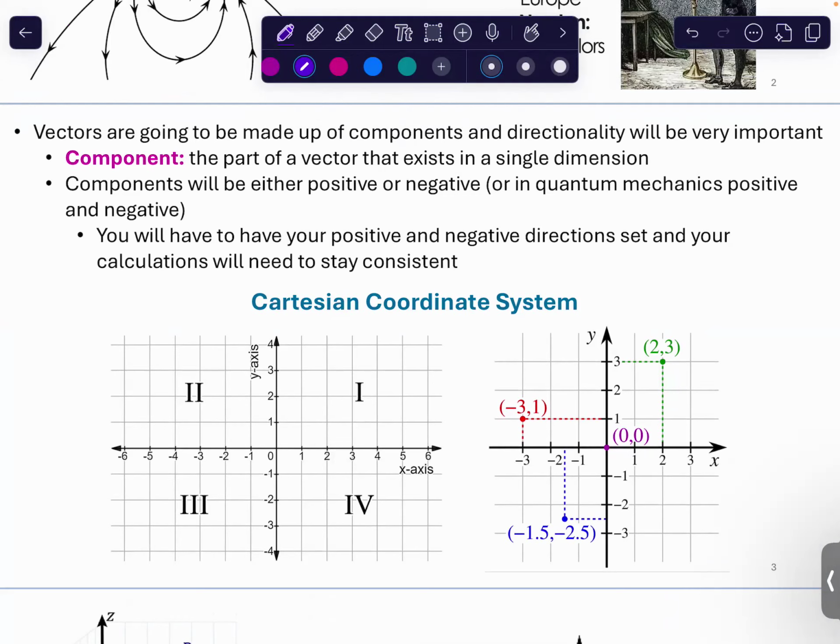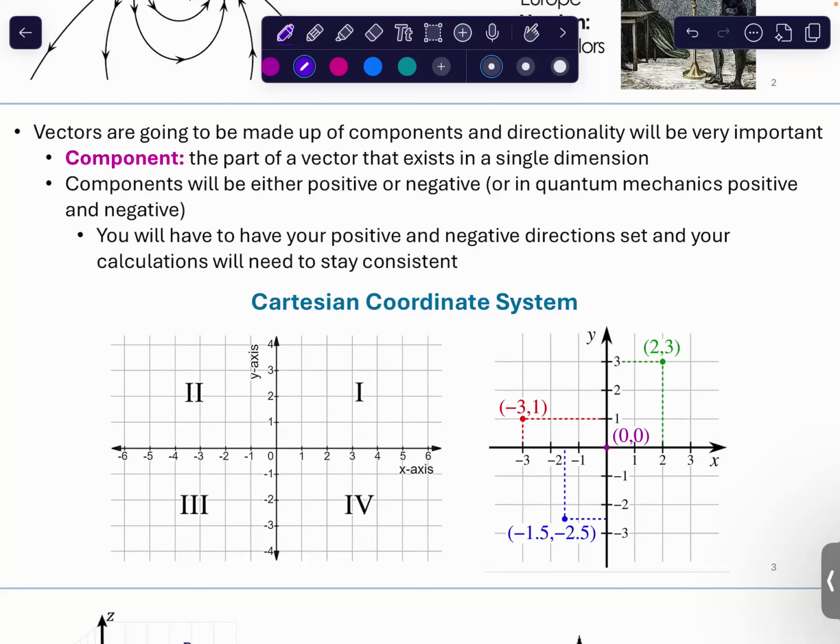Of course, we have the notion of coordinate systems. The Cartesian coordinate system is the one we'll be using. I don't think you're going to solve anything in polar coordinates. If we're looking at the Cartesian system and we're talking about vectors in each one of these quadrants, remember when we solve vectors, we can use angles, and we'll talk about different angles we can use to solve, but the sign on the components is going to be important.